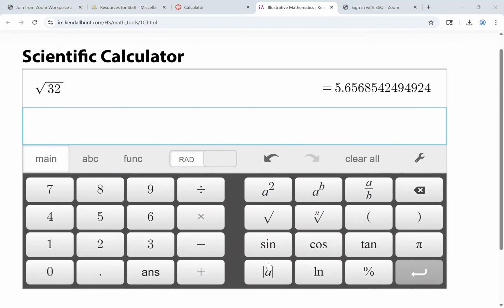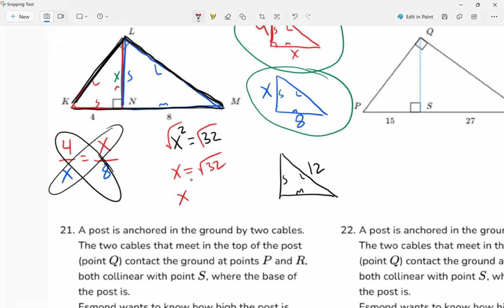So 5 point, let me come back here. So my x was 5.656. We're going to go 2 decimal places. My third decimal place is big enough, so it's going to push the previous number over. So my answer is going to be 5.66.